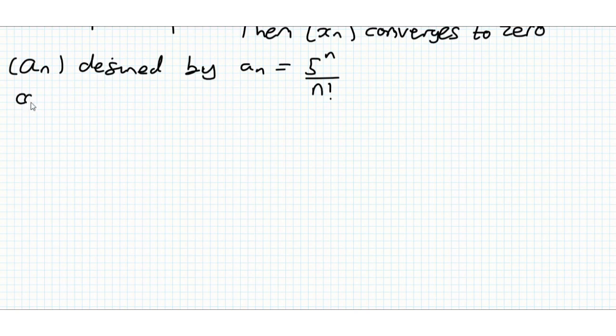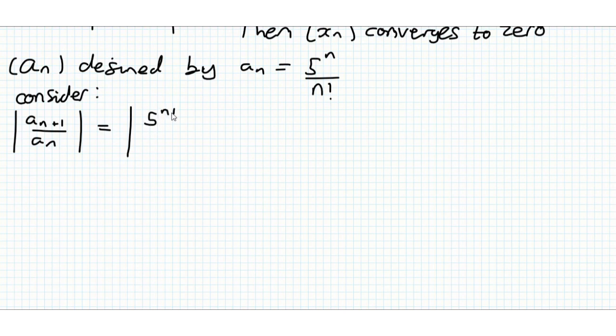So we're going to consider the modulus of an plus 1 over an. This is equal to the modulus of, let's start with an plus 1, so that's 5 to the n plus 1 over n plus 1 factorial, and we're going to divide it by an, which is 5 to the n over n factorial.